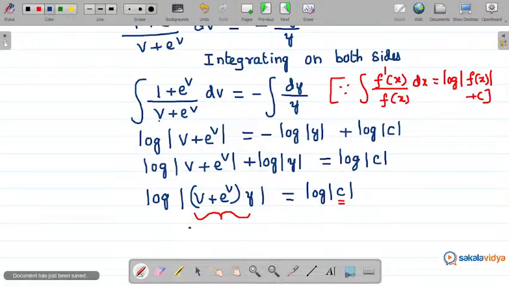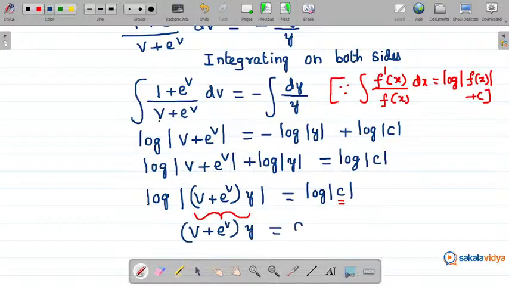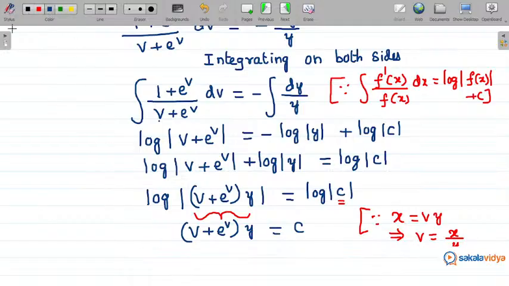So therefore v plus e power v into y is equal to c, but we need to substitute the value of v. Here x is equal to vy, so v stands for x upon y, or x divided by y. Let us substitute. So x upon y plus e power x upon y into y equal to c.